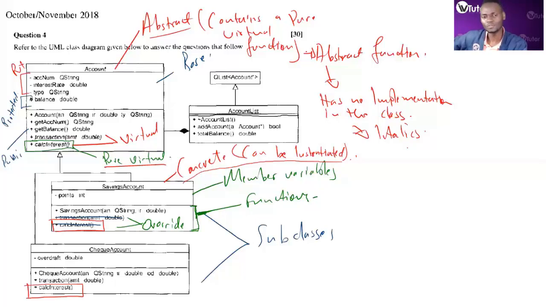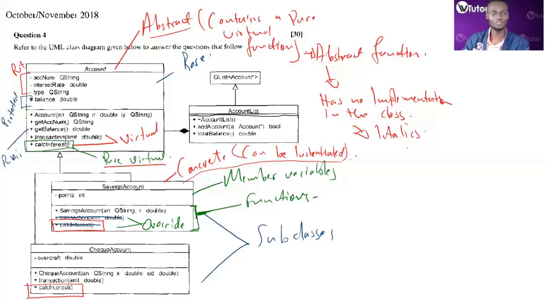What am I trying to prove to you? Concept is concept. It doesn't matter if the question is multiple choice or not. The concept does not change. So in a sit-in exam, they can say, write the differences between virtual functions and pure virtual functions. In a multiple choice exam, they can simply give you a question that says true or false. What do you think? You cannot guess those things unless you actually know the concept.